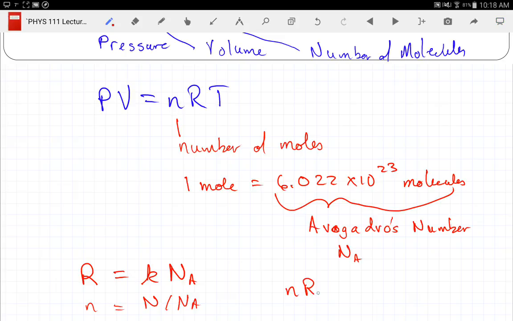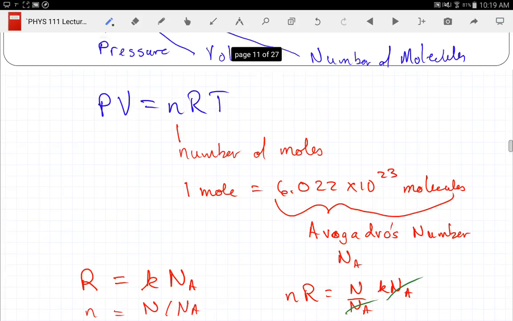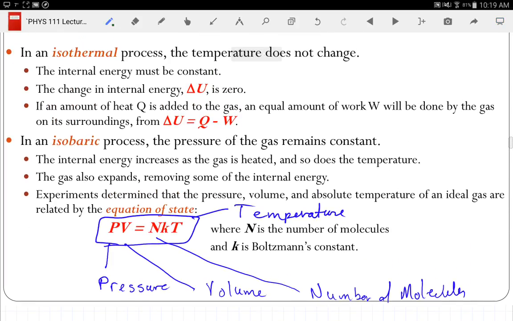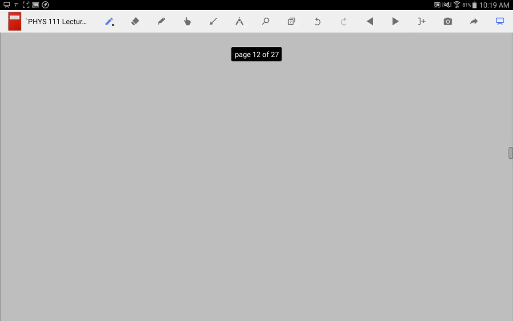Thus, nR is equal to NK, and you see the Avogadro's numbers canceling out. Lowercase n times R is equal to uppercase N times K. So that's the ideal gas law. It allows us, at any time, if we know the pressure, volume, and number of molecules, to know the temperature as well. That's the beauty of that equation.